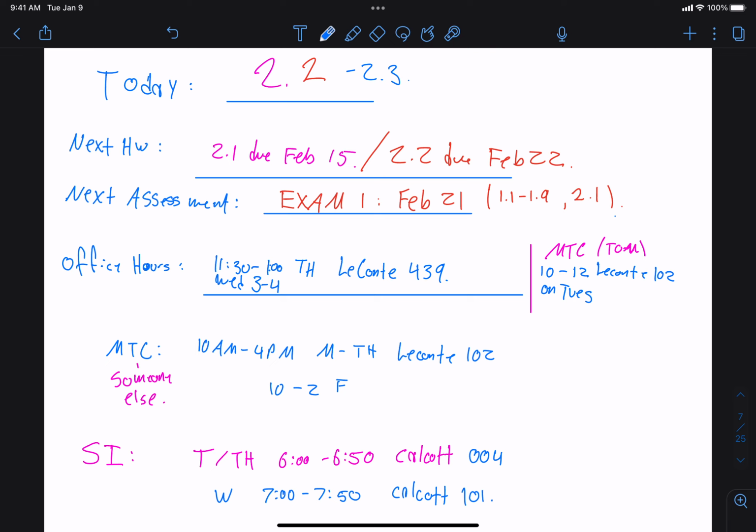Okay, so where was I? Oh yes, that was the exam. So we review on Thursday, so it would be great if between now and then you took a look at the homework assignments, 1.1 to 1.9 and 2.1, and picked out some of the problems which you felt were pretty hard for you.